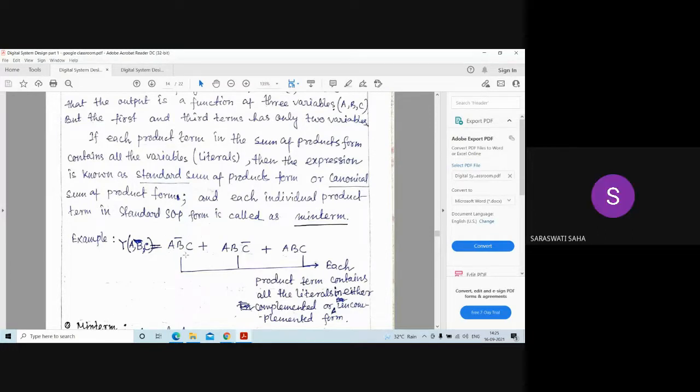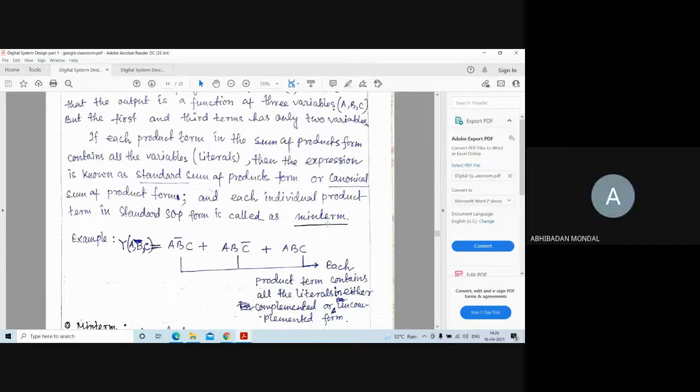One is A, B bar, C, another is A, B, C bar, another is A, B, C. So this individual product term is known as MinTerm. Each individual product term in standard sum of product form is called a MinTerm. Clear?